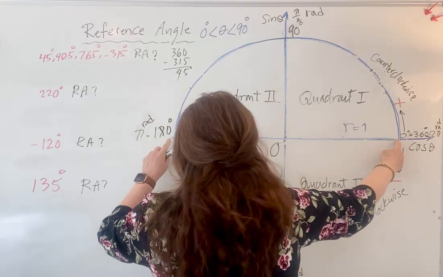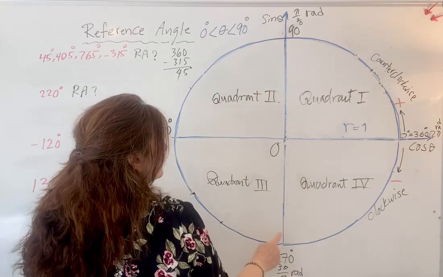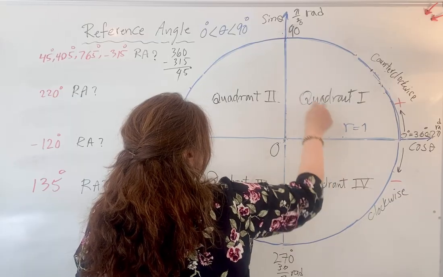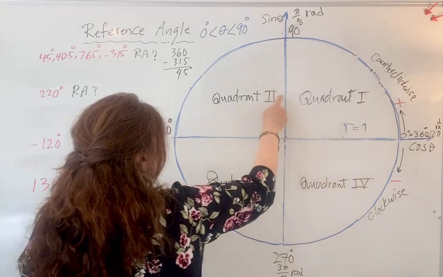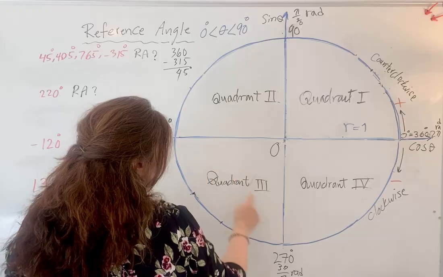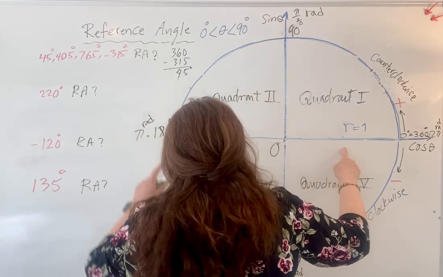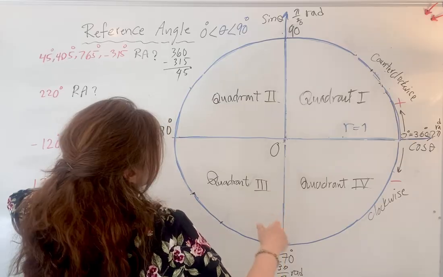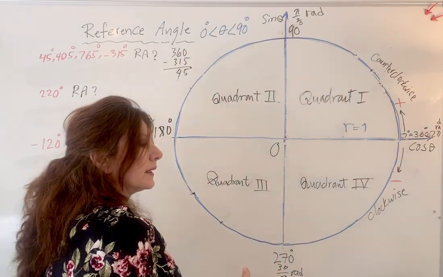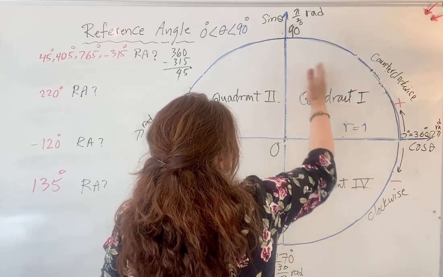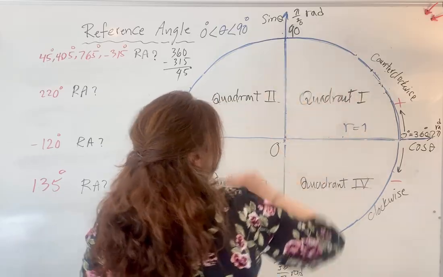And this is 1, negative 1, 1, negative 1. In quadrant 1, cosine and sine are both positive. Here sine is positive, cosine is negative, both are negative. Sine is negative, cosine is positive. The reference angle is any angle that you can write in this area from 0 to 90 degrees.